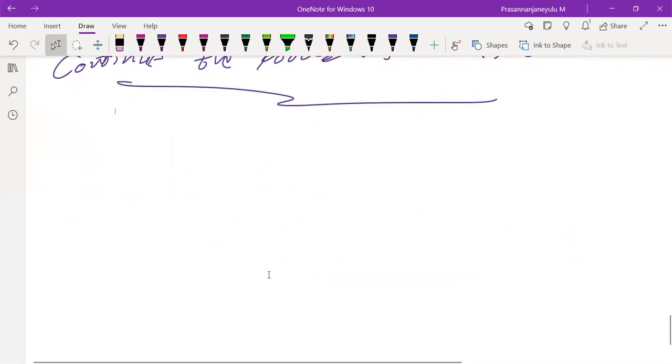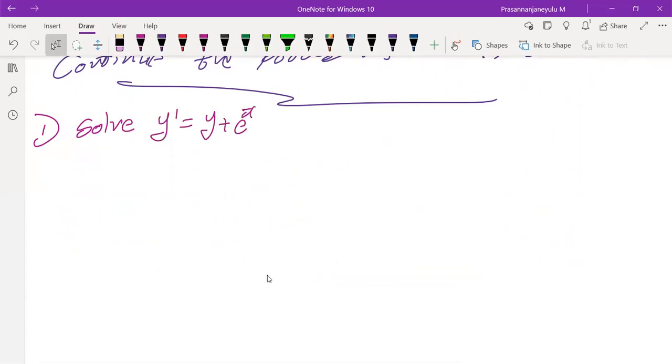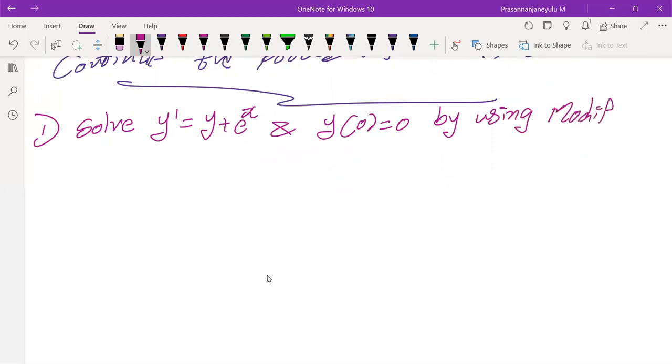Here they're asking to solve y dash equals y plus e power x, and they are providing an initial condition also, y of 0 equals 0. The method they mention is to solve this differential equation by using the modified Euler's method.